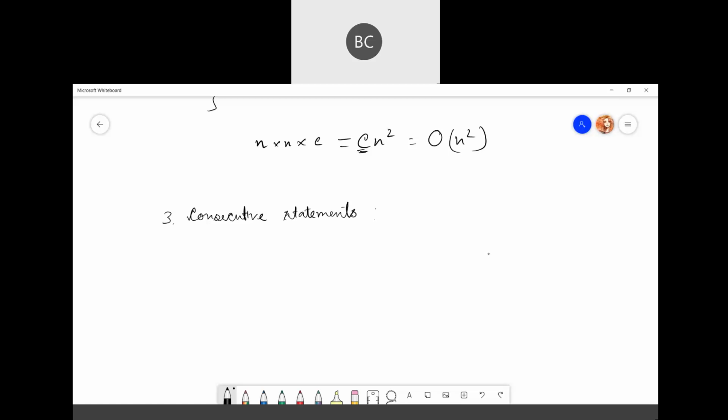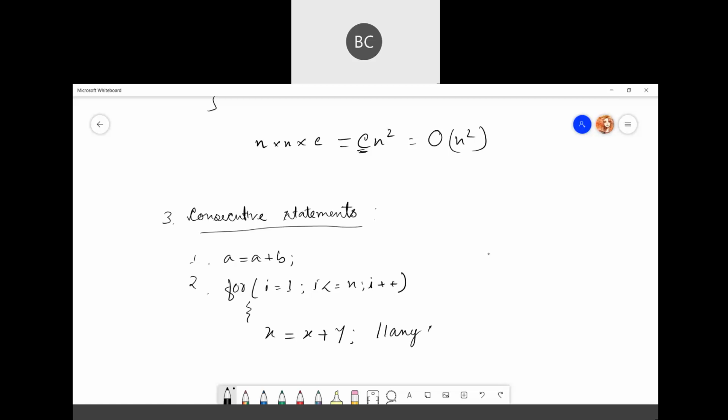Let's say we have 3 lines and we are doing additions. The first line is a equals b plus b, for example. Next, I am using a for loop, i equal to 1, i less than or equal to n, i plus plus. Then here I'm going to do some statement.